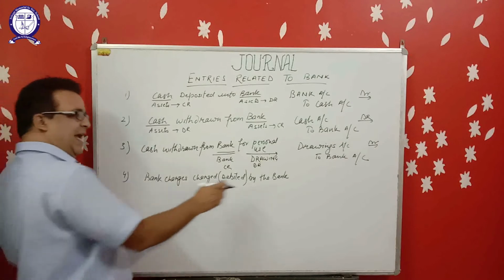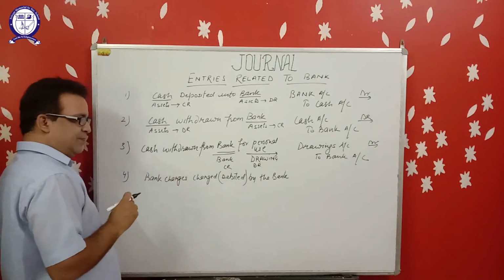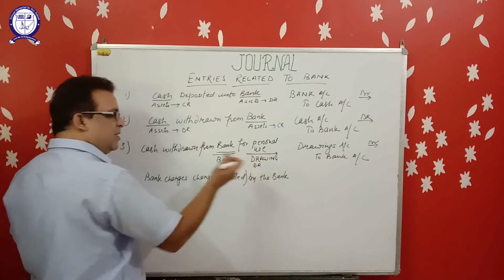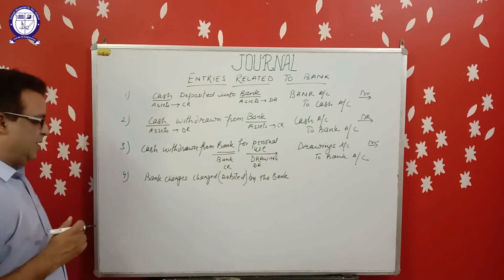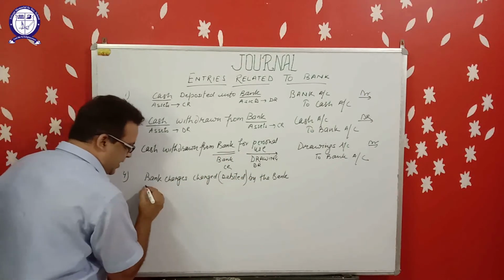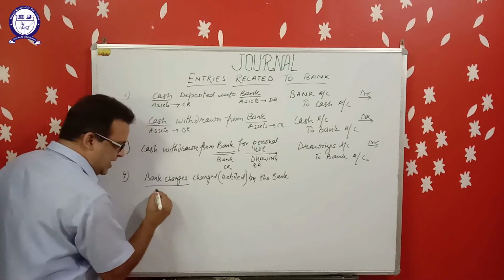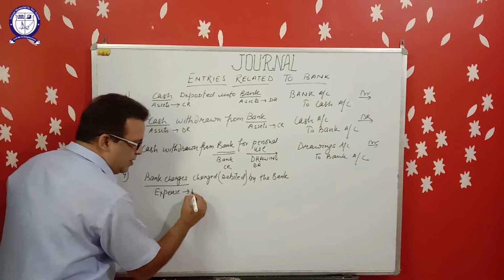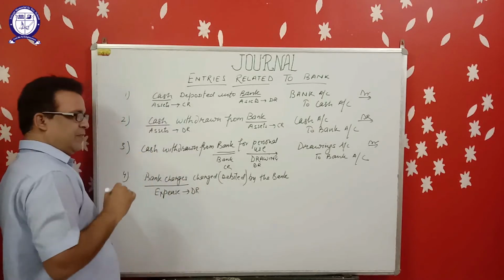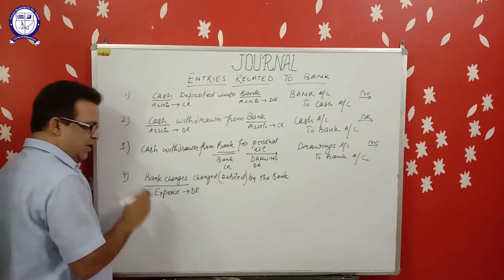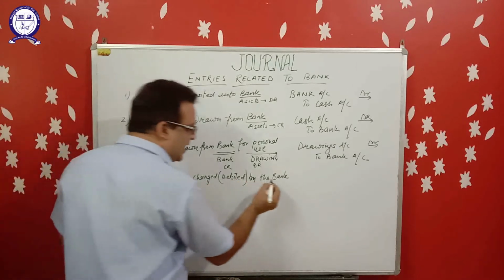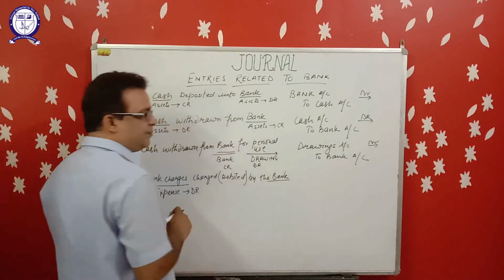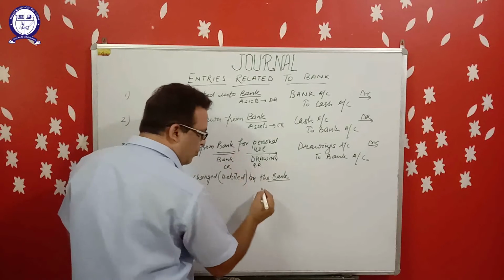When bank takes bank charges, bank deducts the amount from our account. So two accounts are affected here. Number one, bank charges. It is an expense. It will be debited. When expenses increase, we debit it. And the second account is bank. Bank balance is decreasing now.